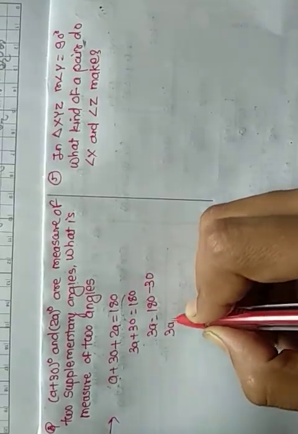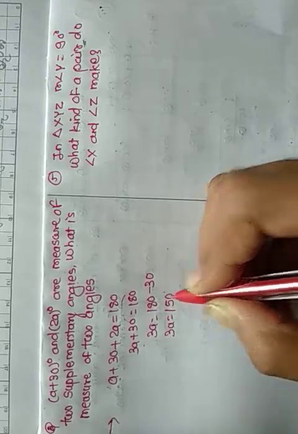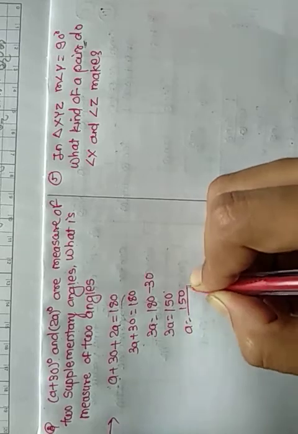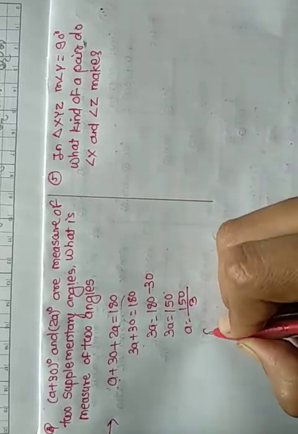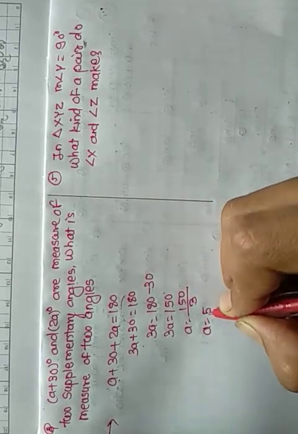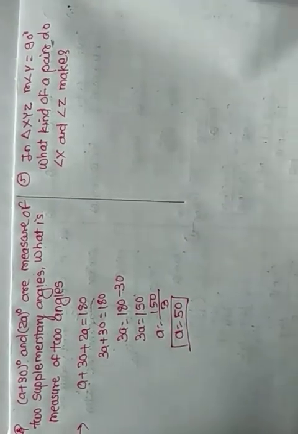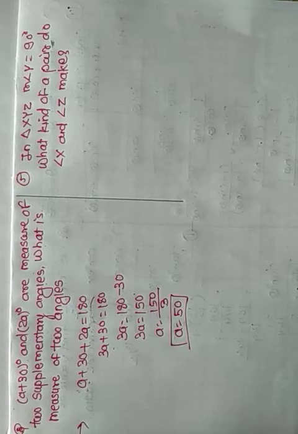So 3A is equal to 150 degrees. So the value of A is equal to 150 upon 3. So A is equal to 50, since 3 times 5 is 15 and 0. This is the value of A. Now find out the angles.